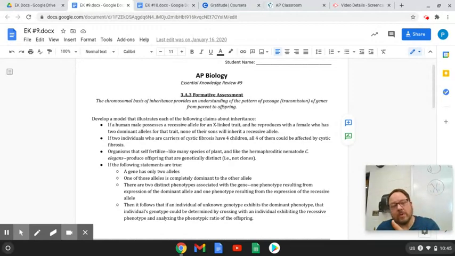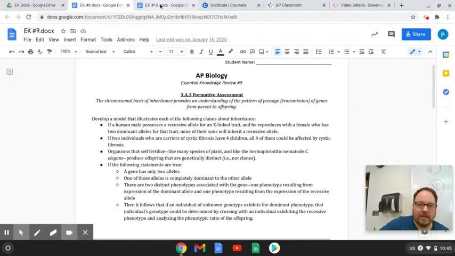But if you mate them with an individual of known genotype, a homozygous recessive individual, then you just look at the ratios of the outcome. If it's a 1-to-1 ratio of dominant to recessive in the offspring, then the parent with the dominant phenotype is heterozygous. If all the offspring have the dominant phenotype, then that parent was homozygous dominant. So you can just sort of show that.